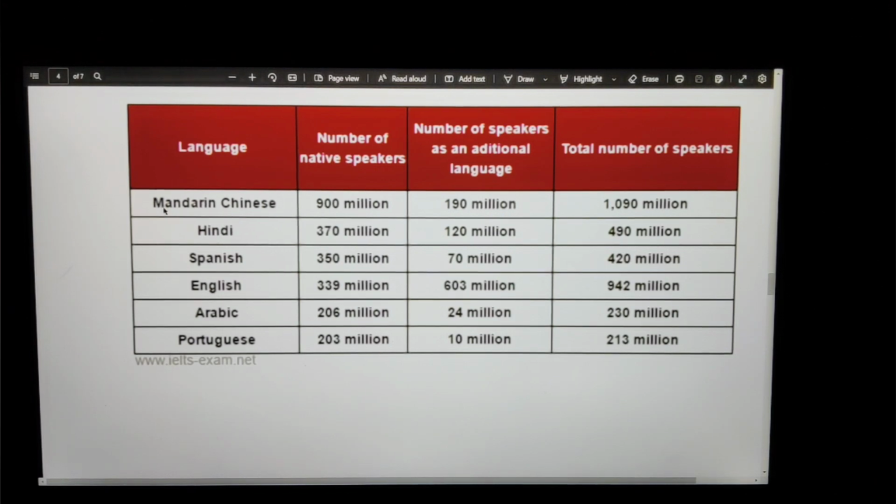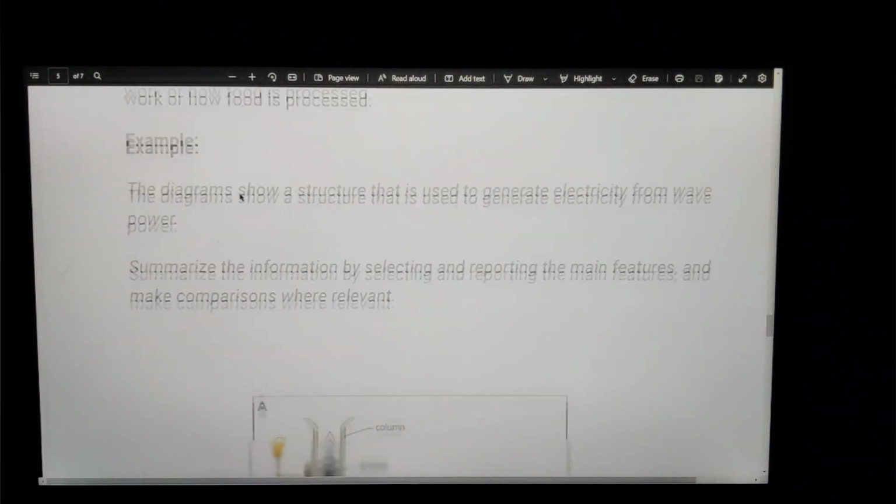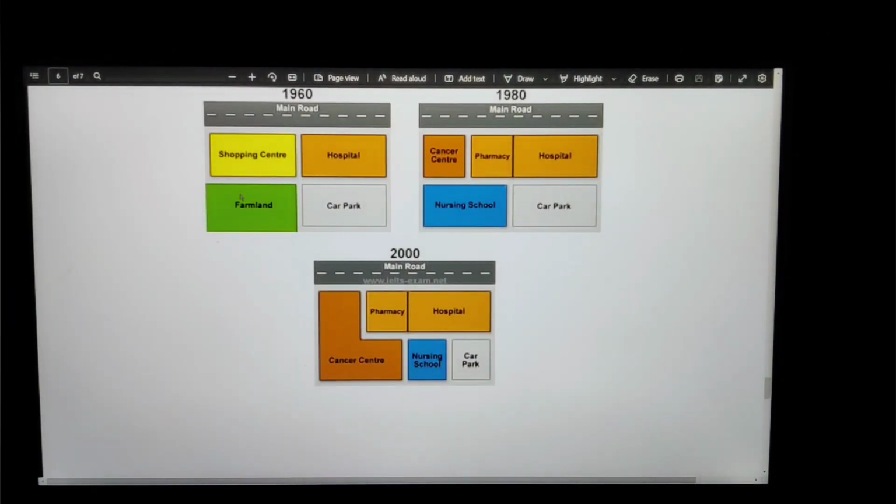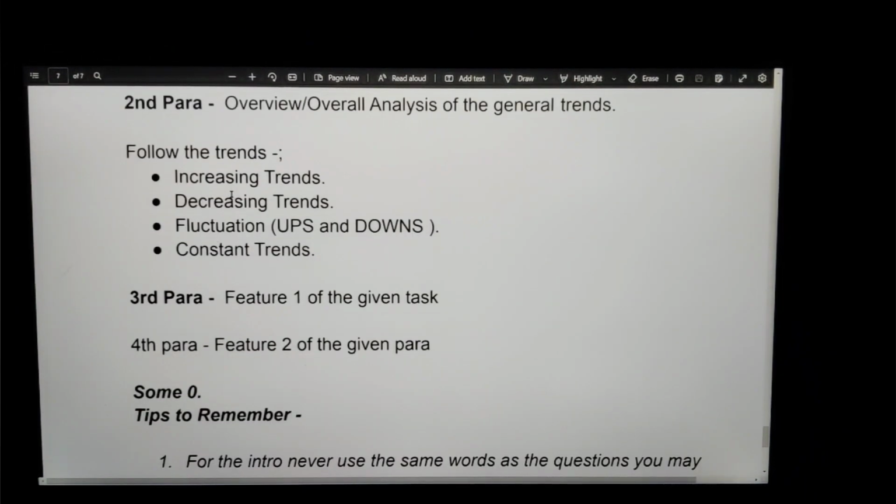Here we will highlight the topmost language, like Mandarin Chinese, around 900 million, and the least one, Portuguese, 203 million. These are the things we'll have to look at in our questions, from where we can formulate our paragraph. That will be the key to our success in writing task 1.